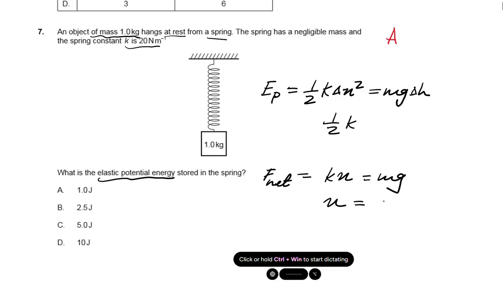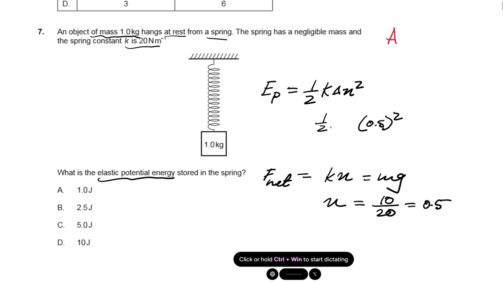So mg is 10 divided by 20, and so we have 0.5. We can put that back in here. What we have is 0.5 squared, and our k is 20. So that is 5 cubed, essentially, times 20. That is 2.5, and so our answer is B, and that is correct.